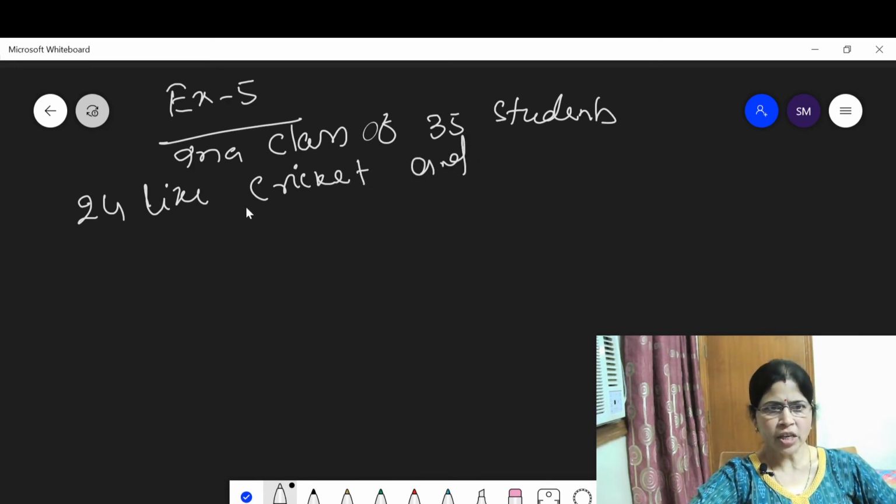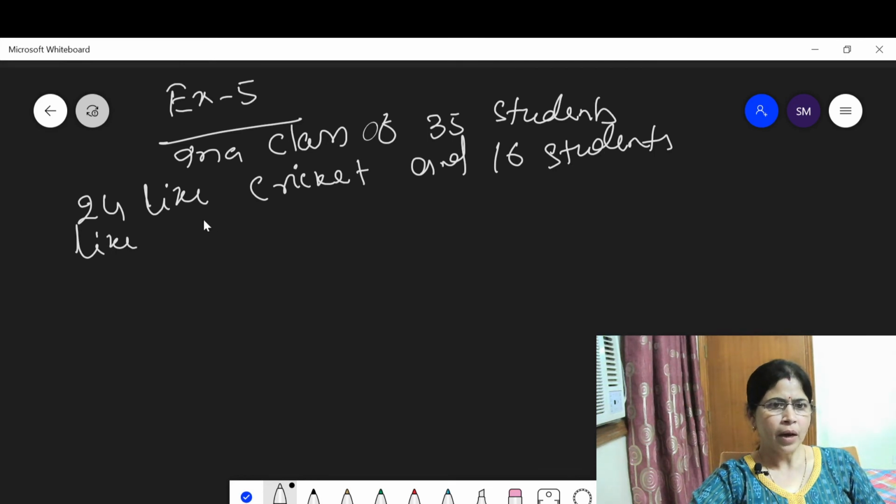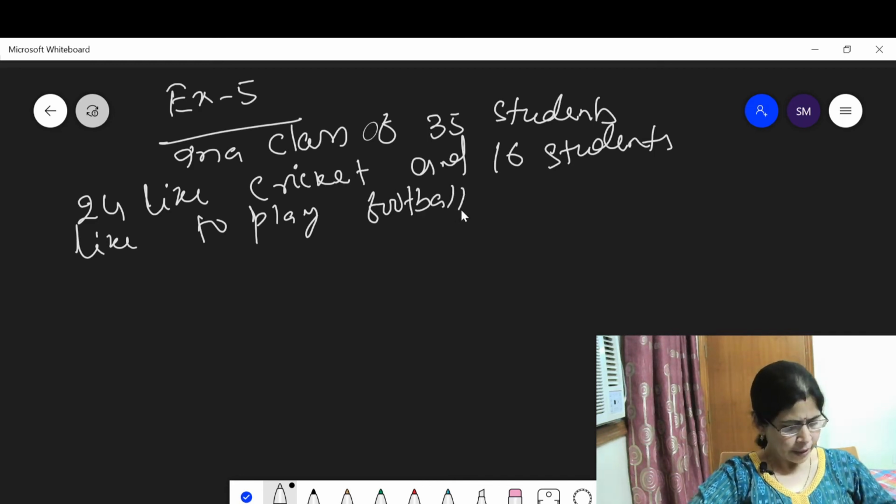Students have their own choice, their own taste. 24 among them like cricket, and 16 students like to play football. Also, each student likes to play at least one of the games.